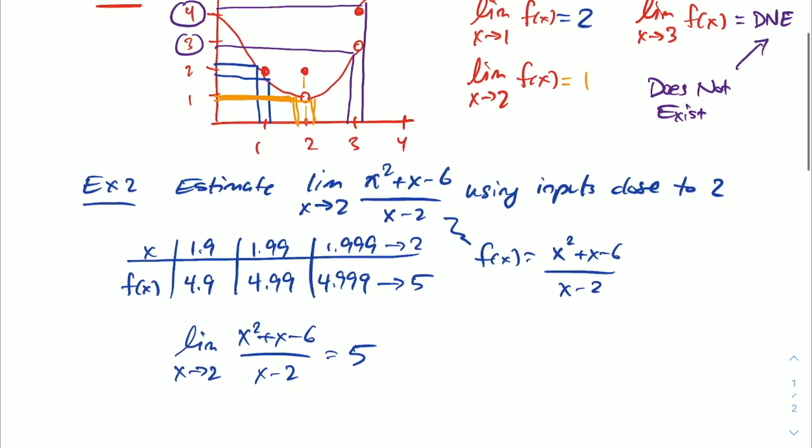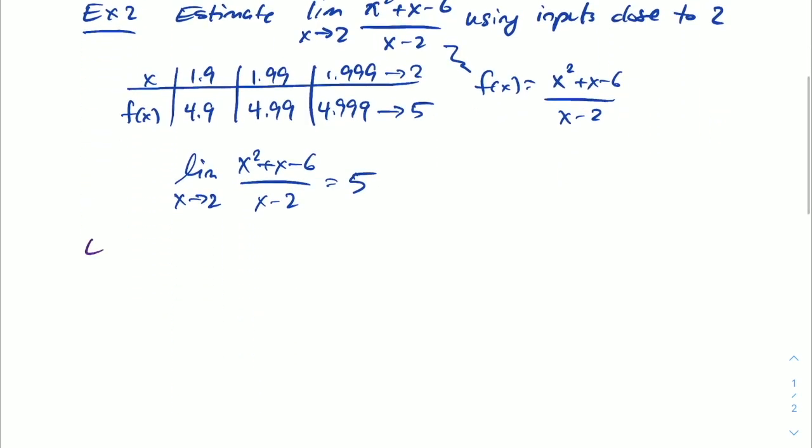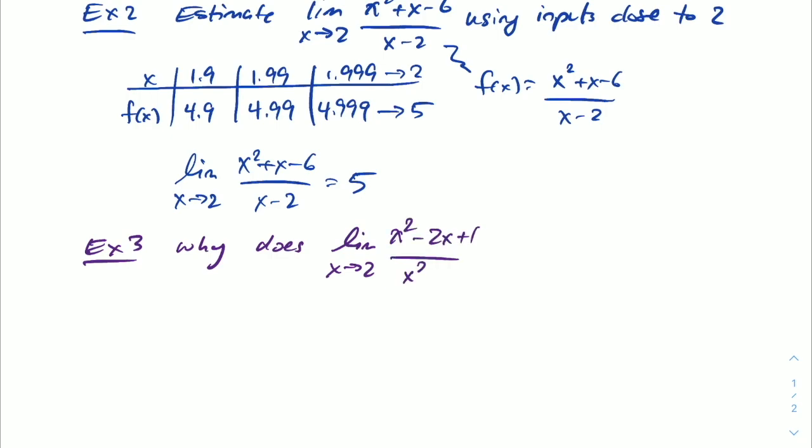All right, one more example. In this example, we want to ask, why does the limit as x goes to 2 of x squared minus 2x plus 1 over x squared minus 4 not exist? I'm telling you it doesn't exist, and we want to see why.